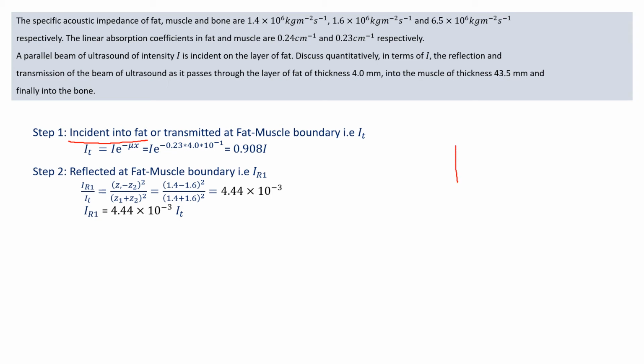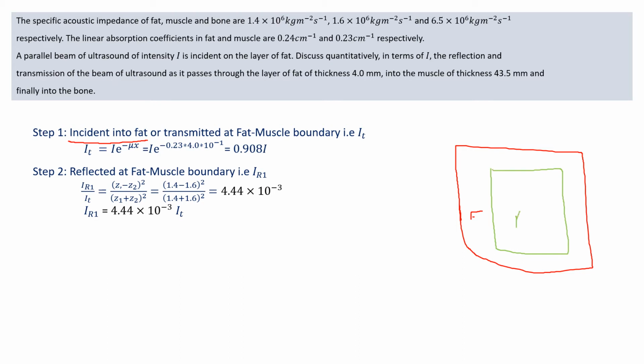So let's do. So this is the fat here, and this is the muscle. So this is the incident into fat, this is IT, and this is reflected, IR1.